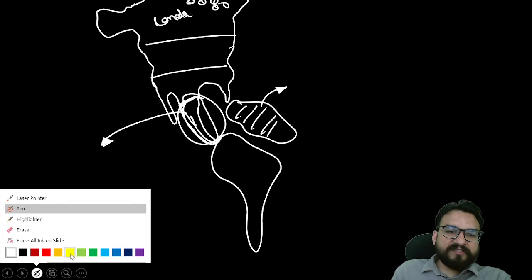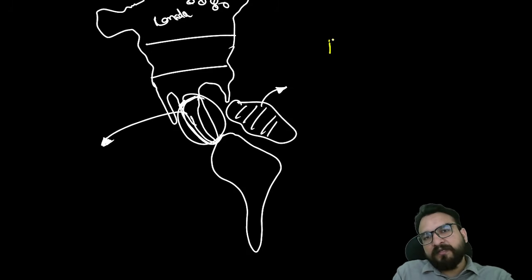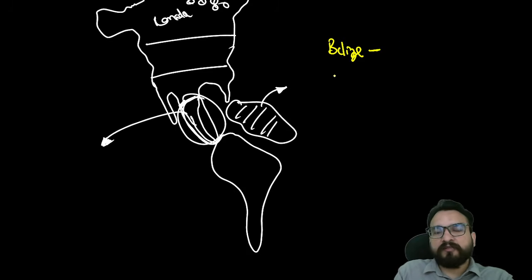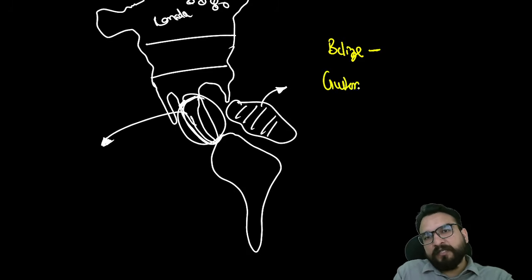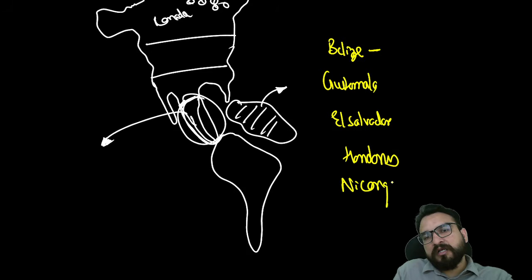So over here, if I ask you, for example, I am writing the countries of Central America, just write down the capitals for me, guys. Okay, Guatemala, El Salvador, Honduras, Nicaragua, and Costa Rica, and Panama.